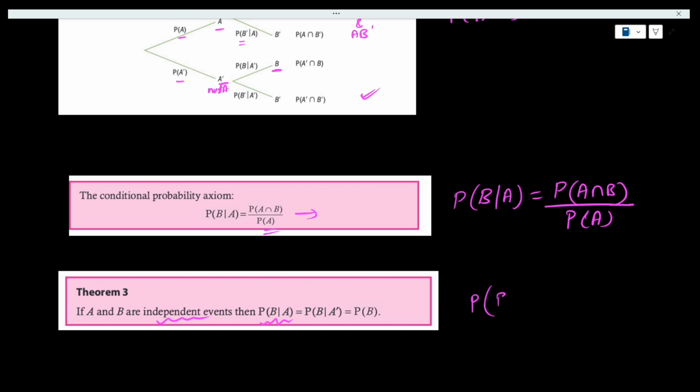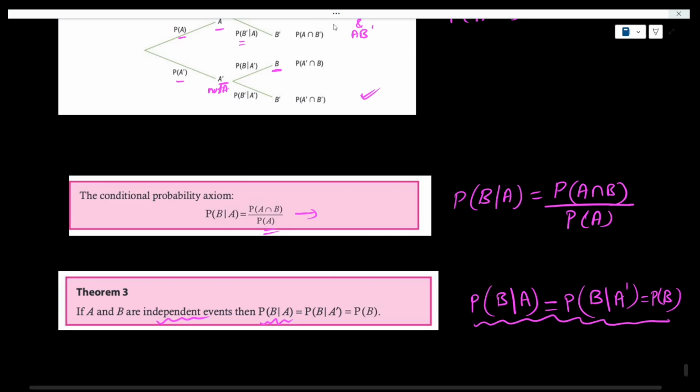If the probability of B happening when A has occurred is equal to the probability of B when not A has happened, then both probabilities are equal. That will be equal to the probability of B. Then they are independent events. That means one outcome is not impacting the other outcome. So that's the way to check whether they are independent events or not.